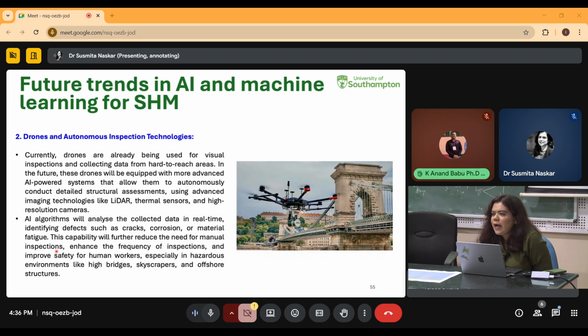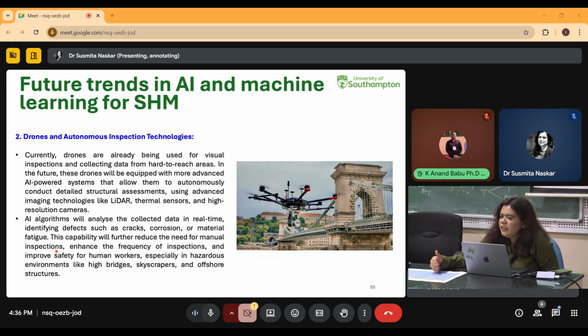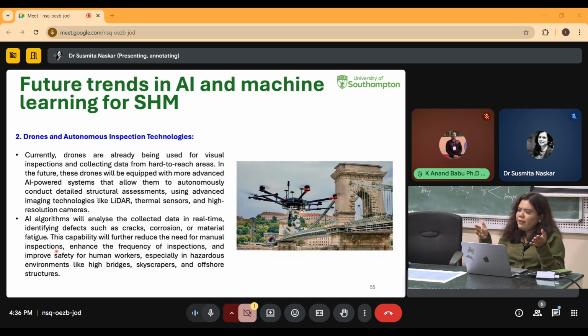Because I think the drone part is still in between. It's not quite advanced. If you talk about the UK especially, people are quite interested in making the drone lightweight, very fancy, and making it reach places where it otherwise cannot, but not much interested in using it to monitor infrastructure. But it's being used quite a lot in the US, and in India as well.